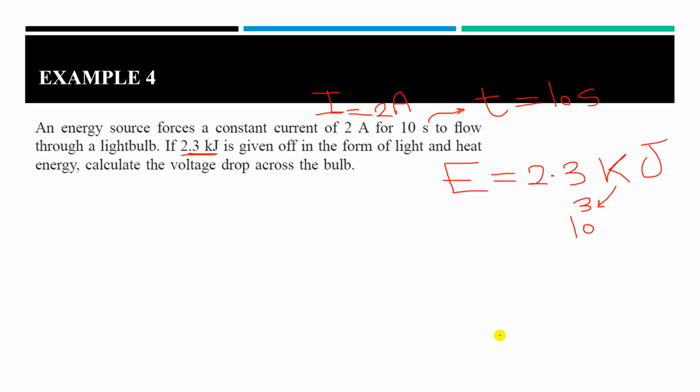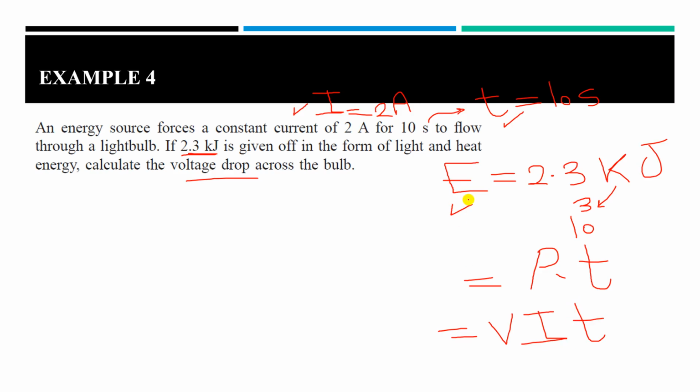So we have energy, we have current, we have time, and we need the voltage. If you remember, energy is equal to power multiplied by time, or VI multiplied by time.